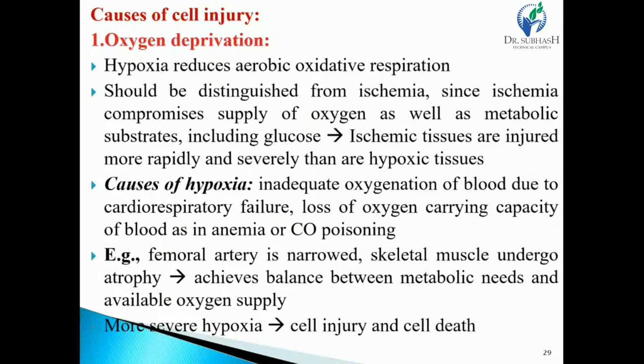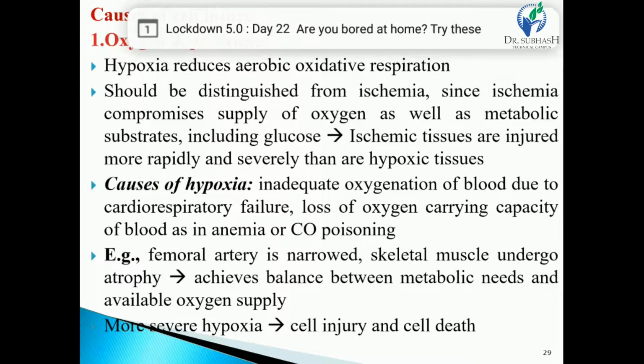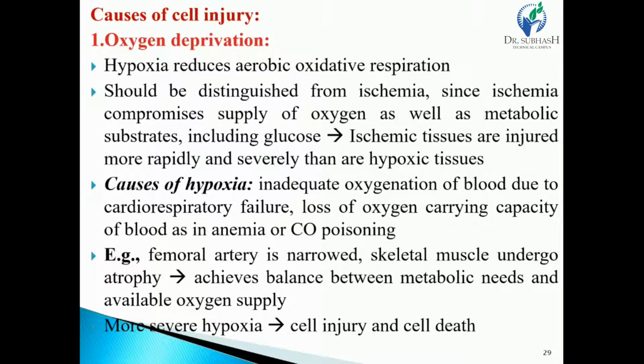Here hypoxia reduces the aerobic oxidative respiration. Why can that reduction in aerobic oxidative respiration be seen? Because in that specific injured site, oxygen will not be supplied in a sufficient manner, and their oxygen demand will be high and the supplied amount will be low. That can cause hypoxia.